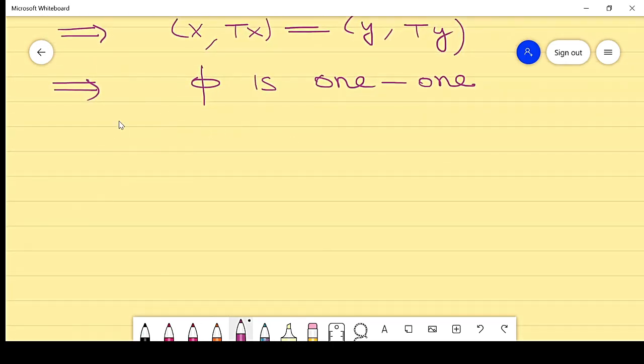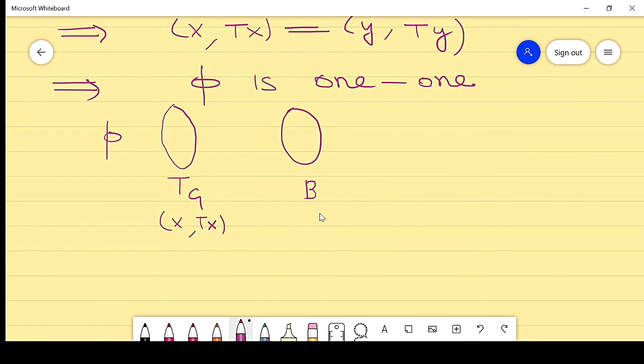Now just see this phi mapping, which is from Tg to B. Its element is (x, Tx) and its image is x.